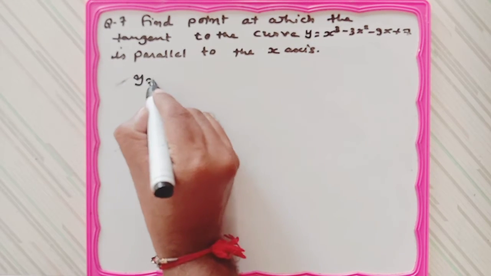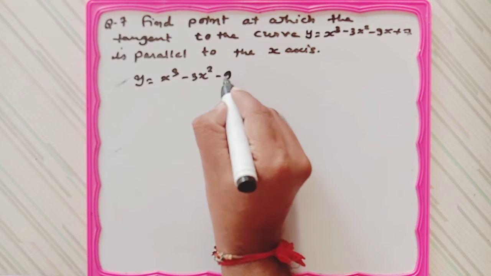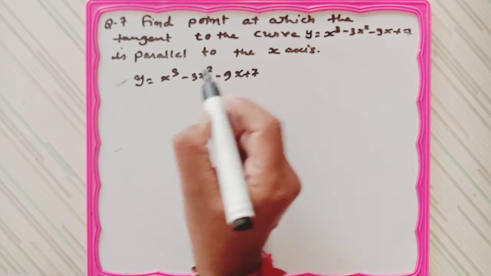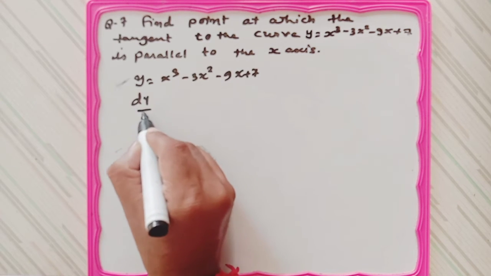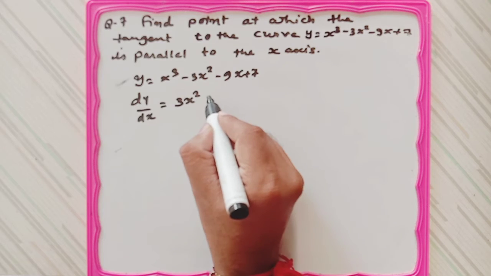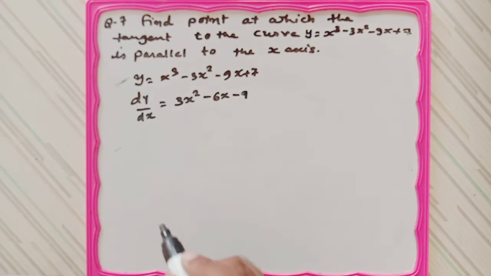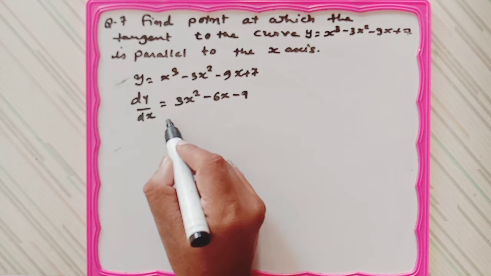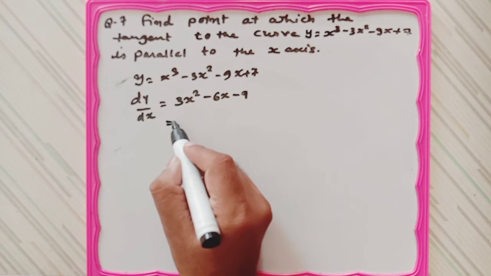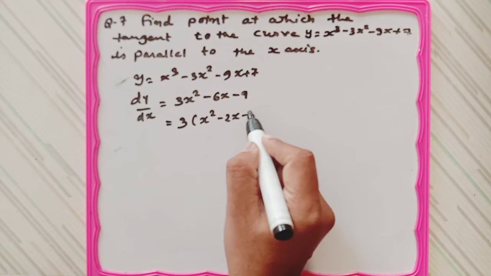So we are given y equals x cube minus 3x square minus 9x plus 7. We differentiate with respect to x, and dy by dx equals 3x square minus 6x minus 9. And so 3 we take out common, then it is x square minus 2x minus 1.